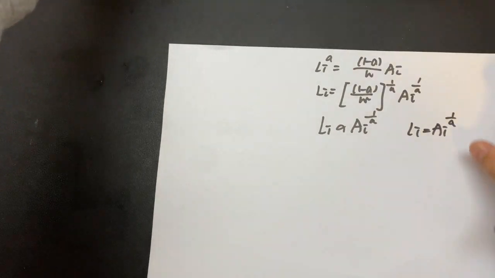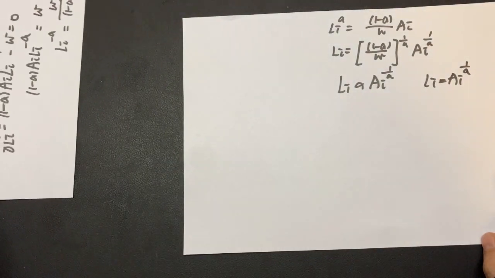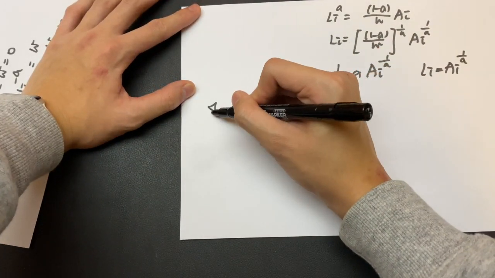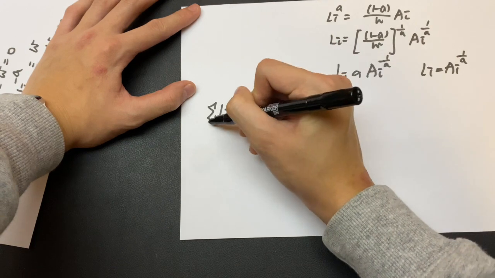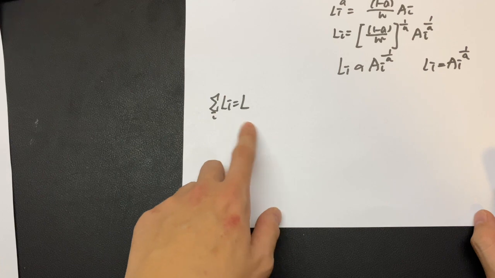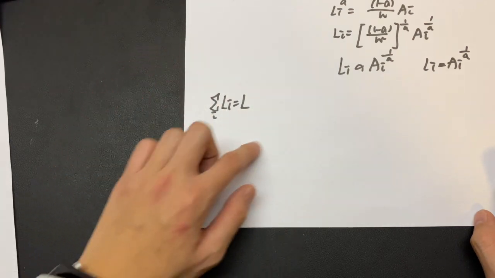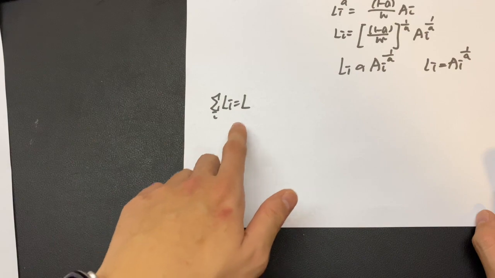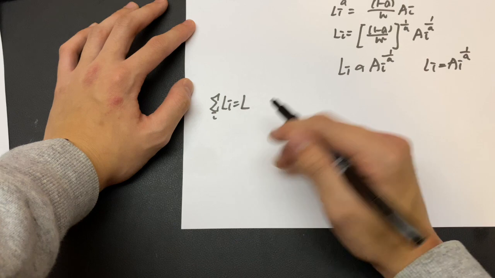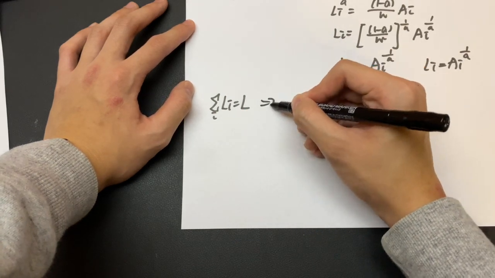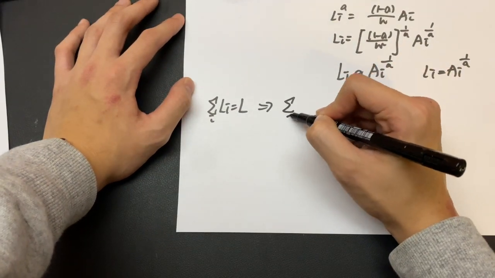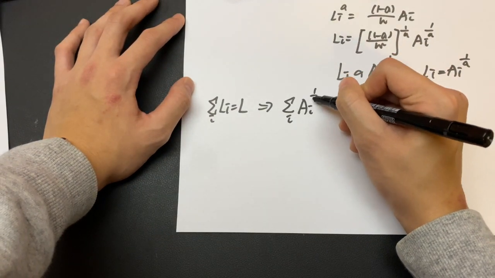Okay. Then let's think about it in a broader sense right now, in the whole economy. So this is the fact, right? If we add all the labor in all the firms, we get the total labor in the economy. Exploiting this fact, if we move it to the left-hand side, we can do something like this. Since Li is only a function of Ai as we have talked about, the relationship becomes like this.